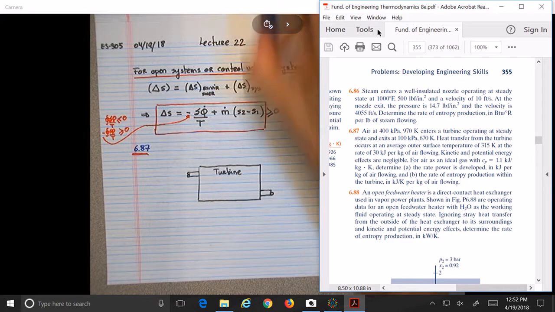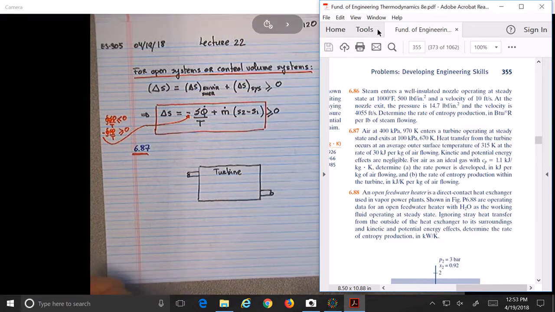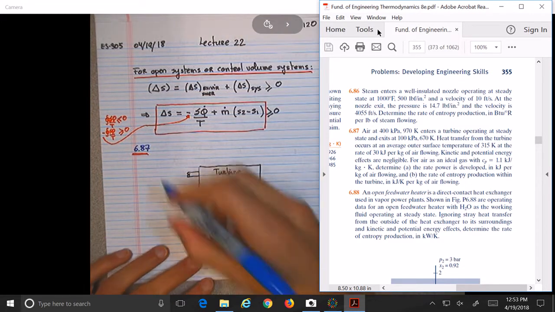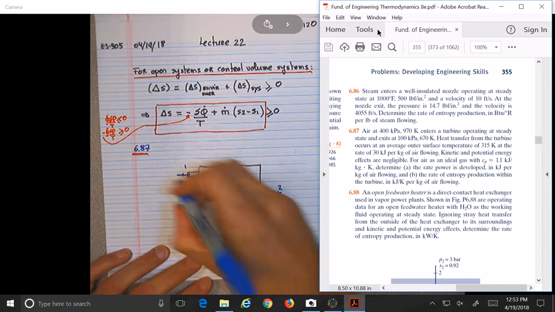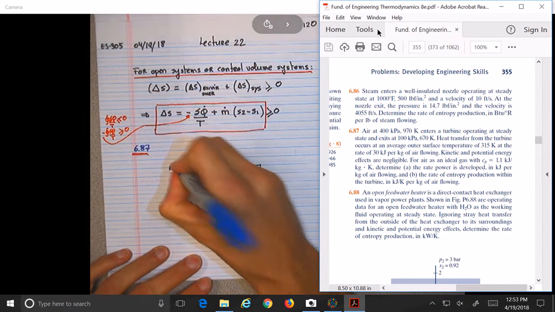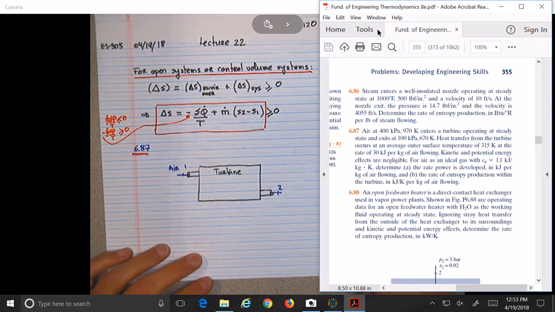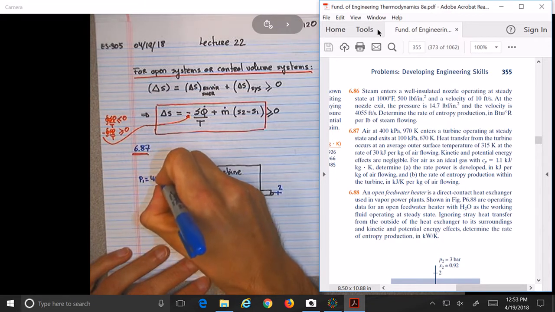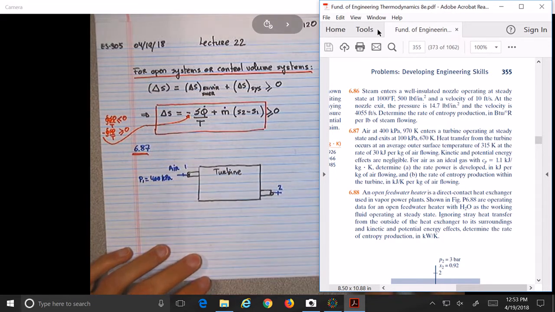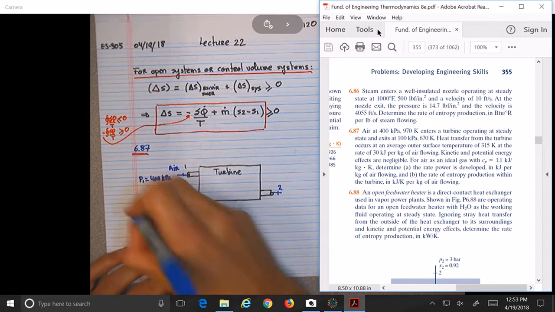So the turbine, what do we have? We have air going in, and obviously it's going to come out. We know the initial pressure is 400 kilopascals.